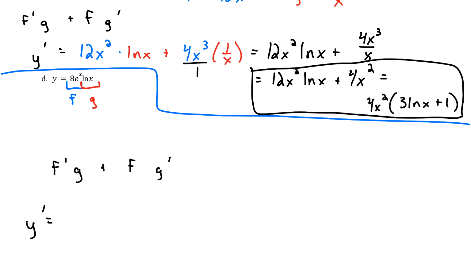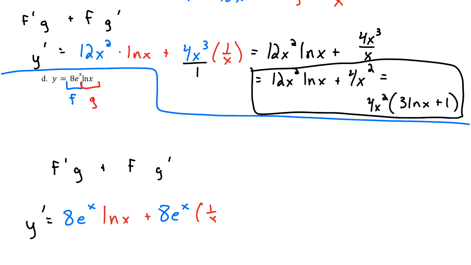So y prime is going to be f prime, so the derivative of 8e to the x, well, that is actually still going to be 8e to the x power. Times g, so this time I'm going to leave natural log of x alone, so we'll leave it as natural log of x, plus f. This time I leave 8e to the x alone, so that's just 8e to the x, times g prime, the derivative of natural log of x.